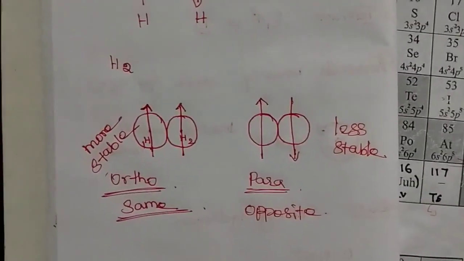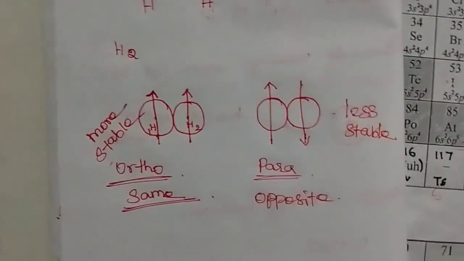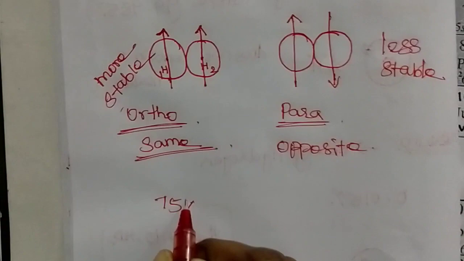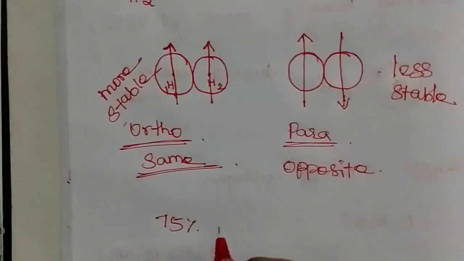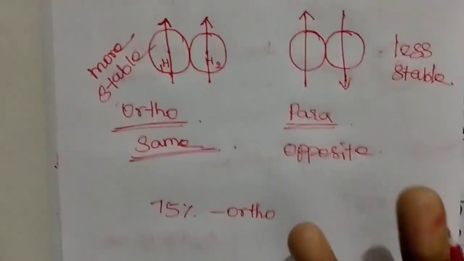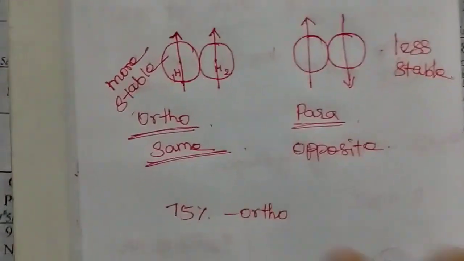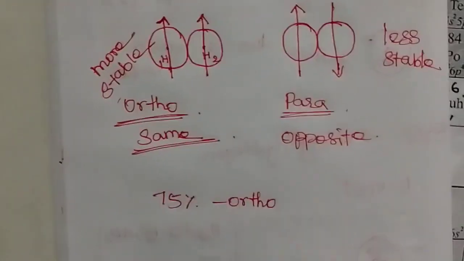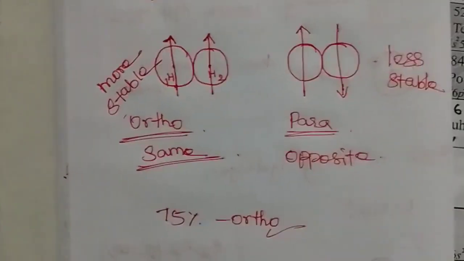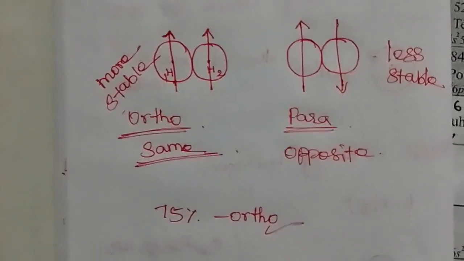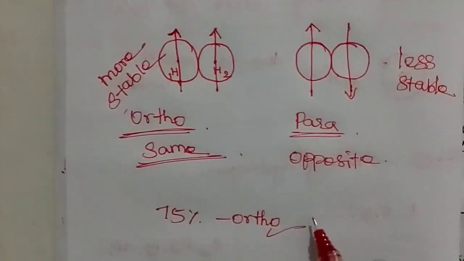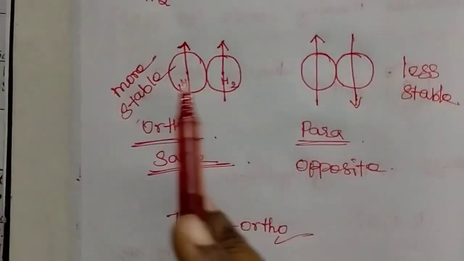At room temperature, normal hydrogen contains 75% orthohydrogen. So if you take some amount of hydrogen, 75% of that amount contains only orthohydrogen. That means the molecules present in that hydrogen have nuclei rotating in the same direction.